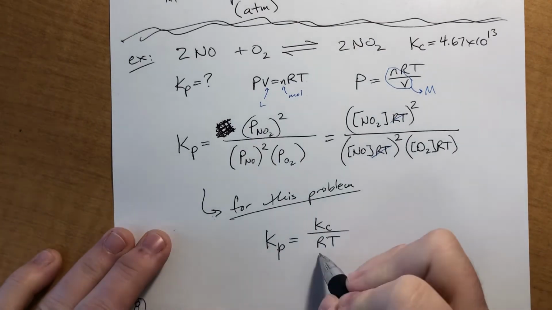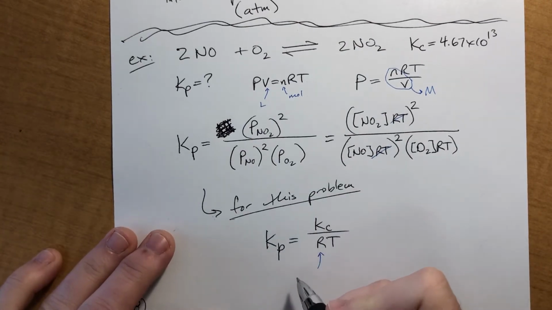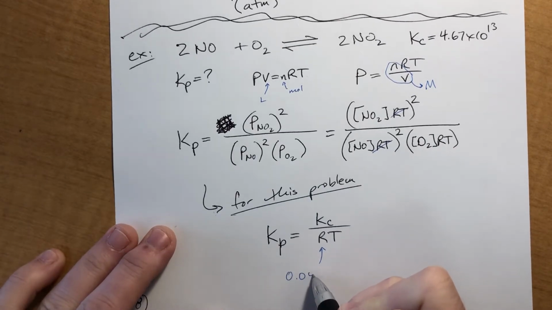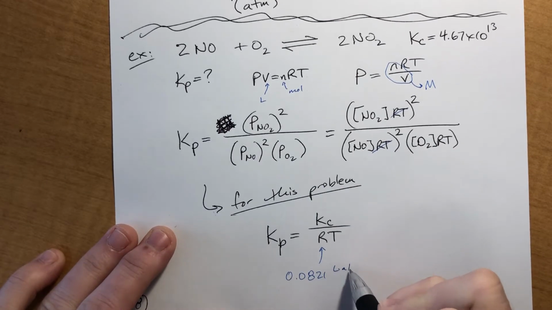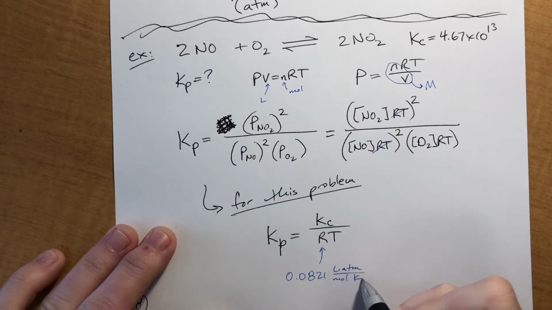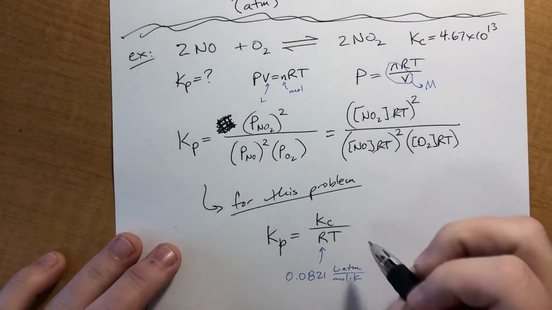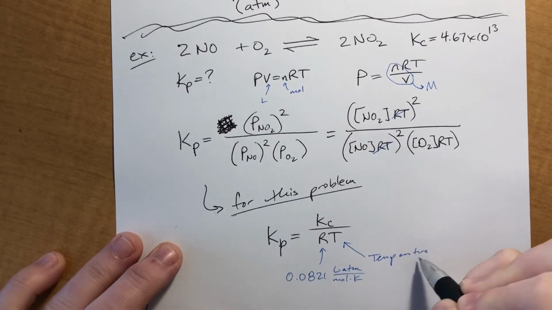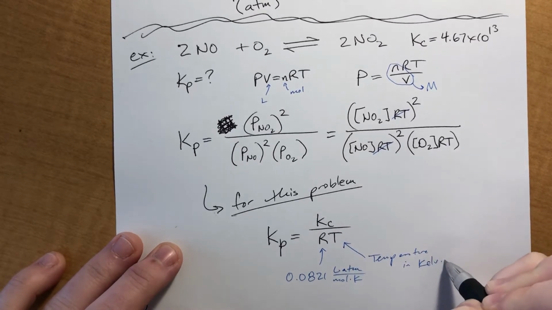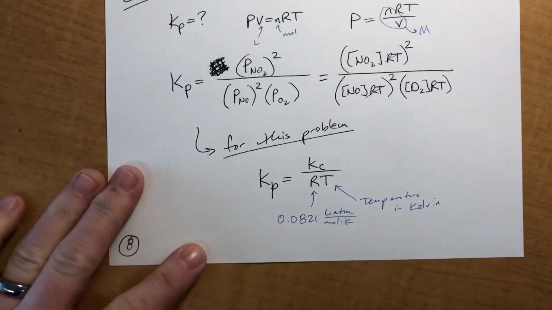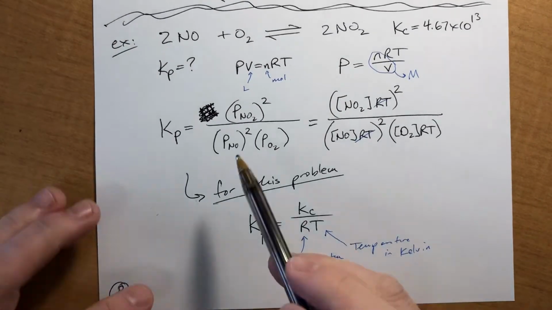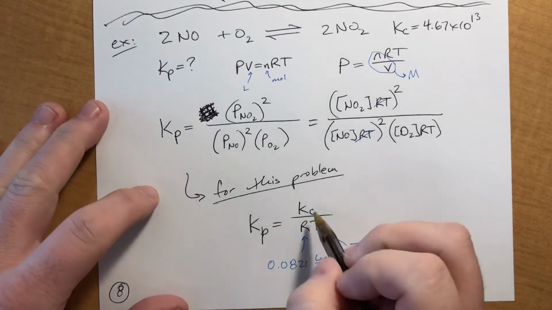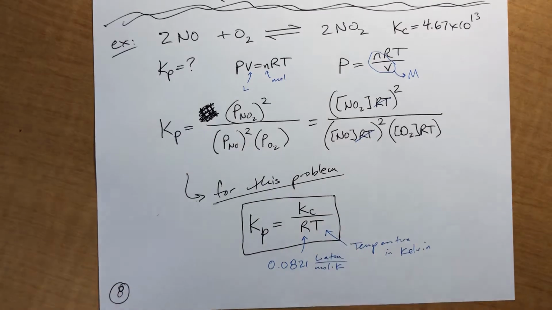I should point out that since everything is in terms of atmospheres, R is 0.0821 liter atmospheres per mole Kelvin, and T is just the temperature in Kelvin. So this is the messy way to get from here to here. But for this particular problem, this is how Kp and Kc were related.